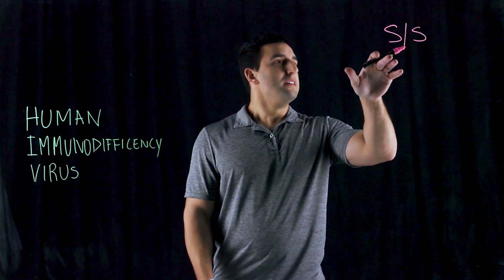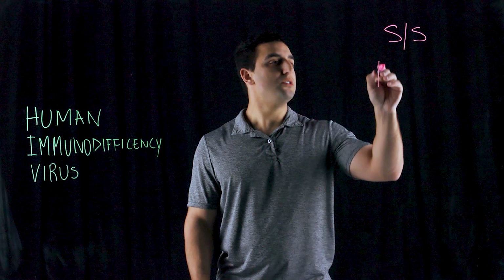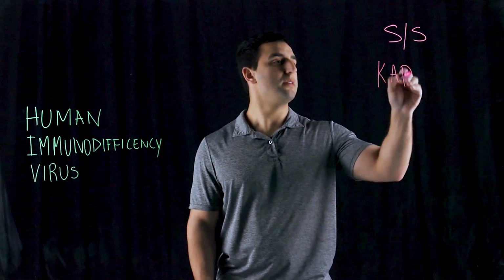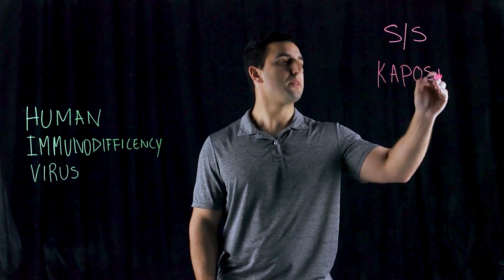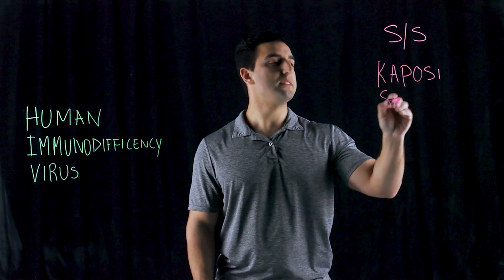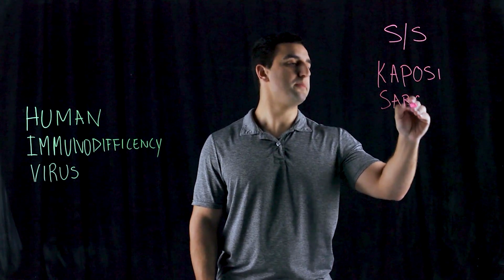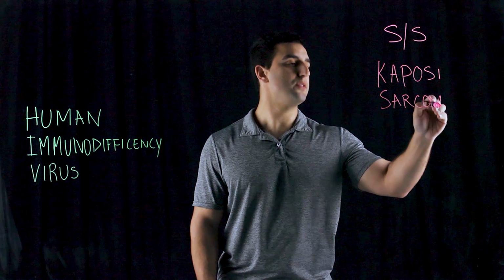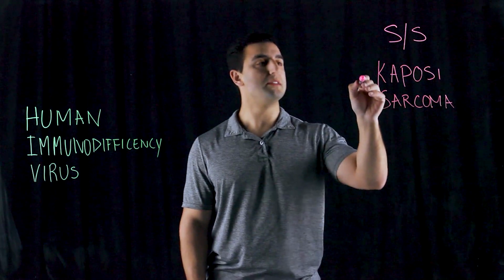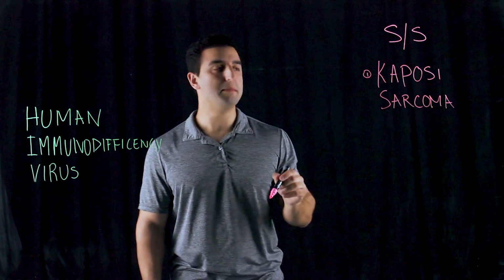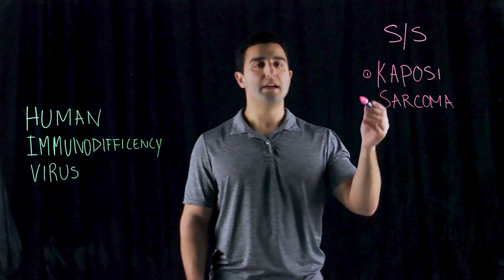All right. Signs and symptoms of this condition included Kaposi sarcoma, a type of soft tissue cancer that was prevalent with a lot of patients that had a high prevalence of HIV in their bloodstream.